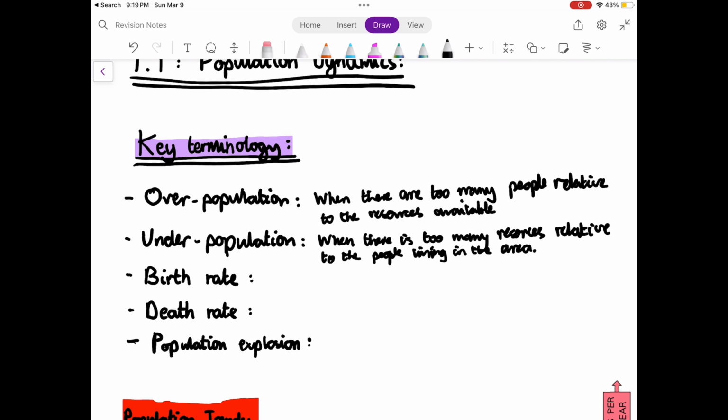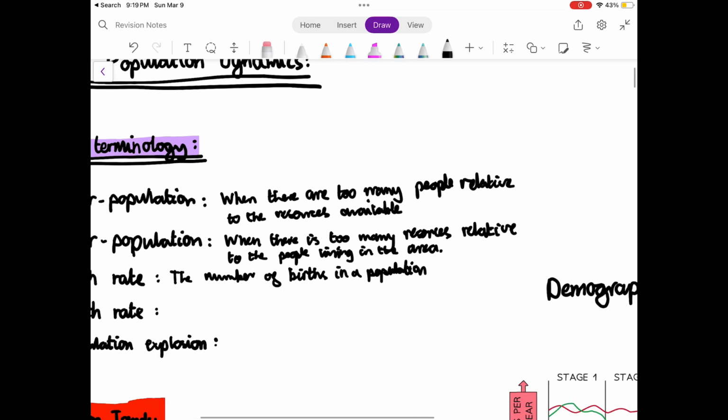Okay, so the next definition is birth rate, and this is the number of births in a population per 1,000 per year.